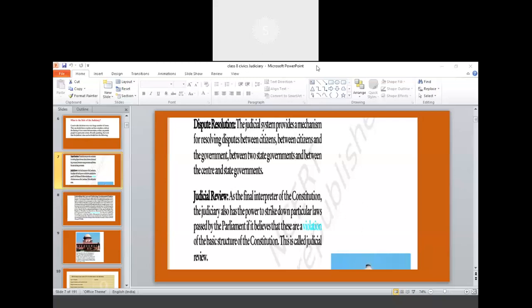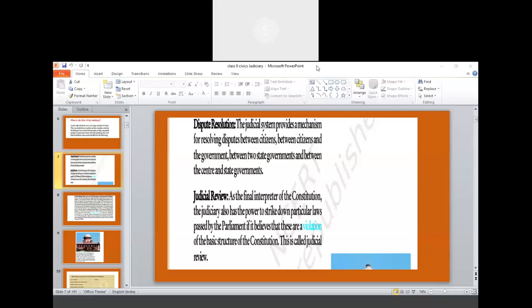Then state government versus state government. And the last one, dispute between state and central government. Please try to remember these.